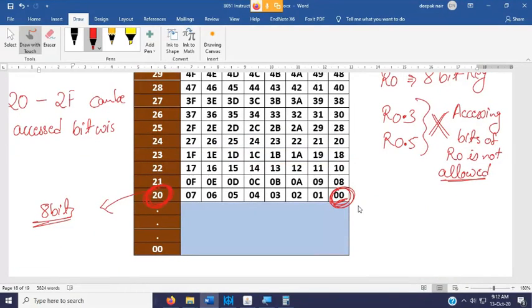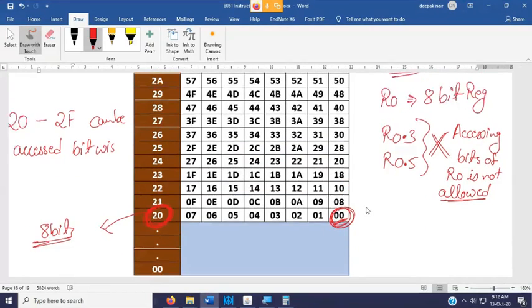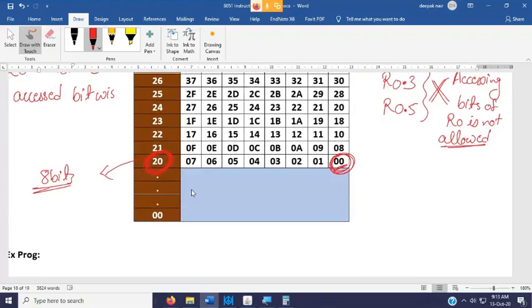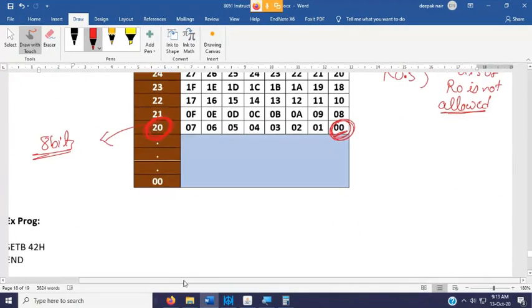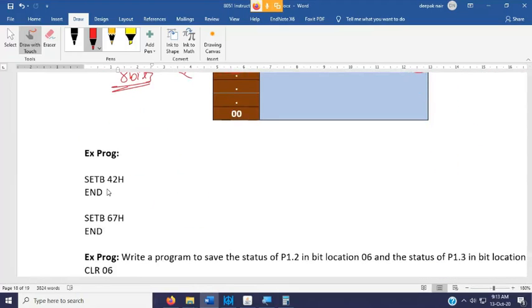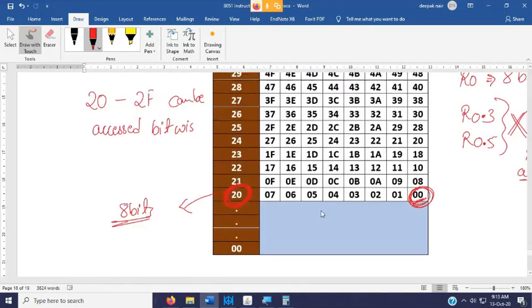there is a location within the RAM which can be accessed bitwise, and that range is from 20 to 2F, and we can access them by noting their addresses itself, like 00, 01, 07. For example, now how can one use these particular addresses? If I write set bit 42, meaning set the bit 42 only, then what will happen?